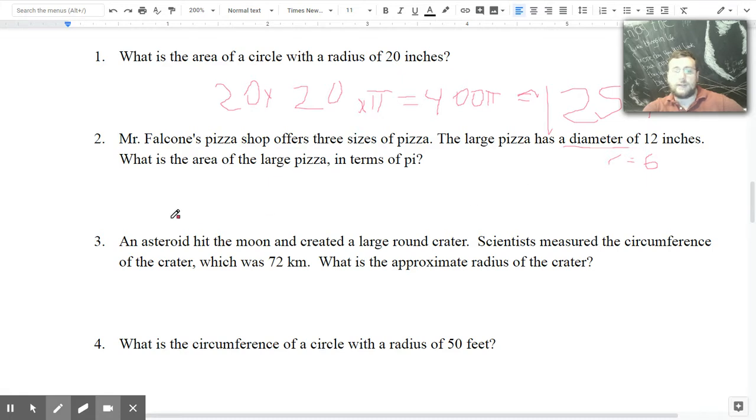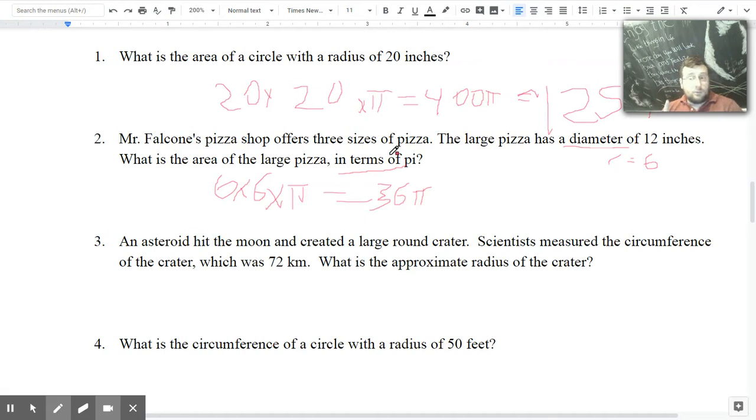Now that I know the radius is 6, I do 6 times 6 times pi. That's pi r squared. And that gives me 36 pi. And since they wanted the answer in terms of pi, that's it. I don't need to do anything else. If they didn't, I would have to do 36 times pi in the calculator, but they want it in terms of pi. They say it here, in terms of pi. So I'm done. All right?